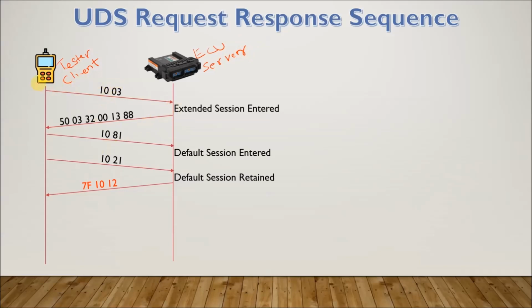Now the tester is connected to the ECU network. Then you want to perform the offboard diagnostics, so you send 10, which is the SID, and 03, which means you want to move to the extended diagnostic session. The ECU is currently in the default diagnostic session.